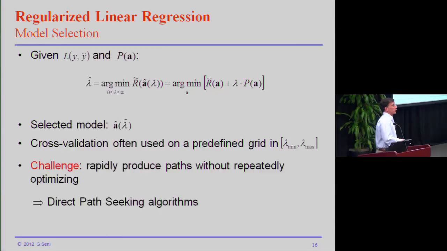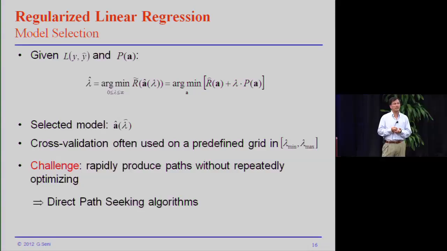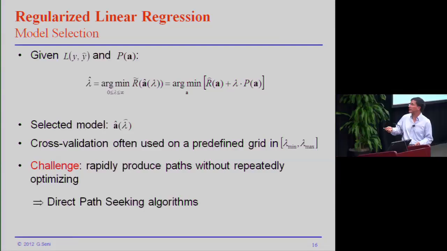So the challenge, of course, is how to rapidly produce this path without repeatedly optimizing. And that's where these direct path-seeking algorithms that I'm going to be talking about tonight come into play. You can solve any of this with a standard optimizer, but that will be too slow.